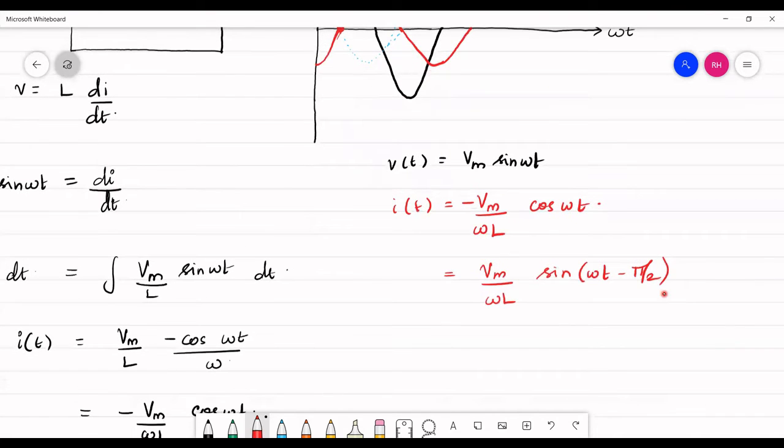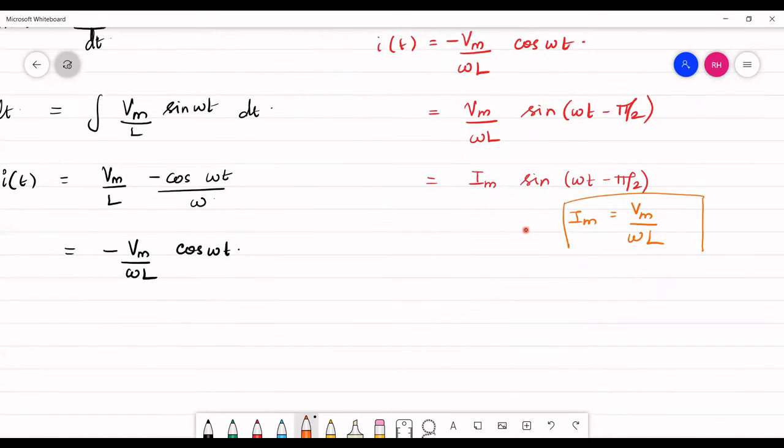The maximum amplitude of current, if represented as Im, gives the equation Im sin omega t minus pi by 2, and this maximum amplitude Im is equal to Vm divided by omega L. We know current is in ampere, the unit of voltage is volt, and voltage divided by ohm gives current in ampere, hence omega L has the unit ohm.